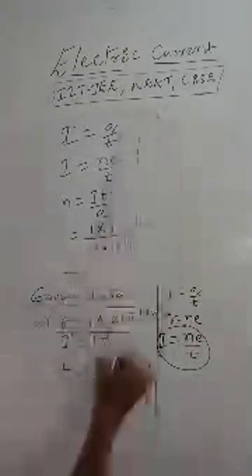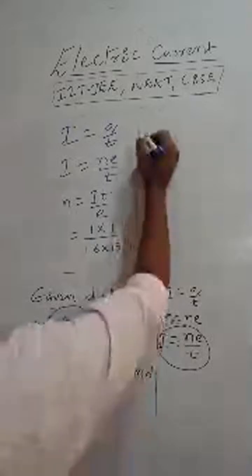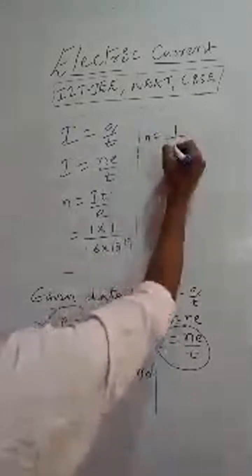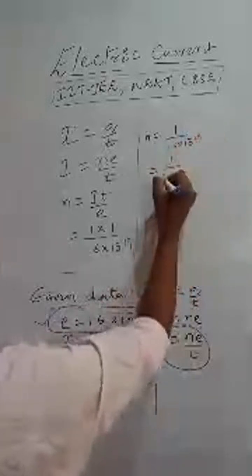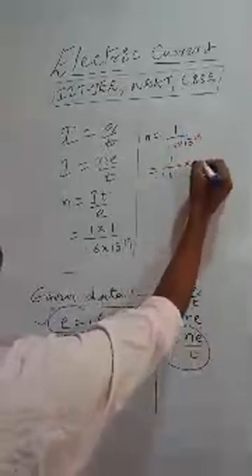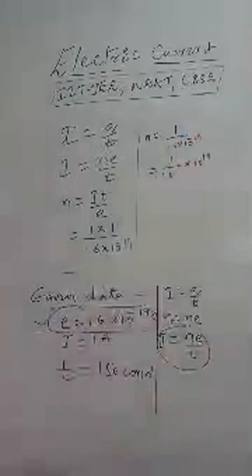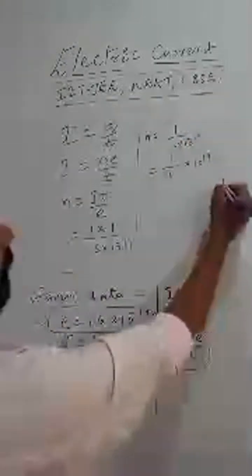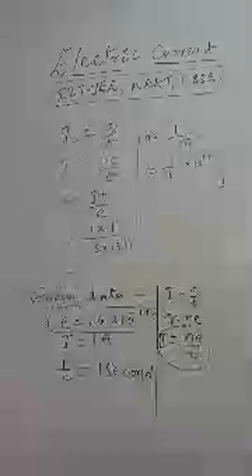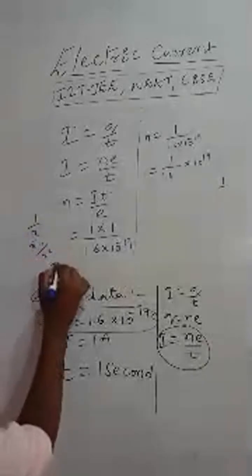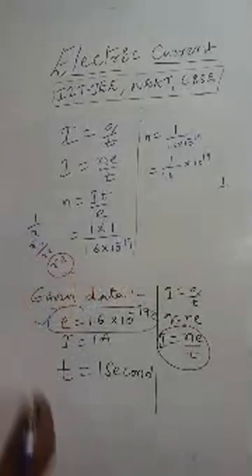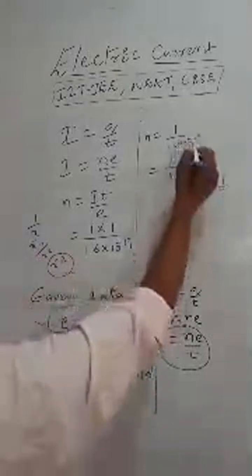If you do this calculation, you'll get N equal to 1 by 1.6 into 10 power minus 19. Normally, 1 by x is x power minus 1, and 1 by x square is x power minus 2. Same thing here: 1 by 10 power minus 19 goes up as 10 power 19.